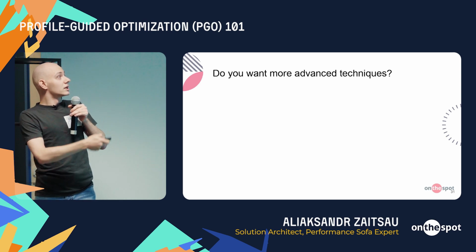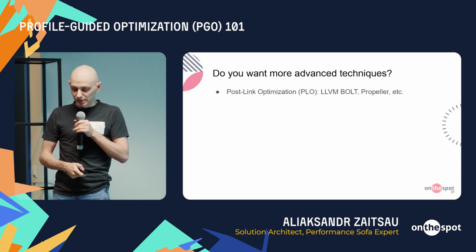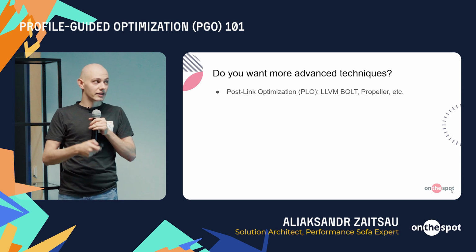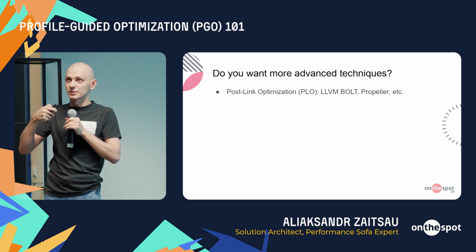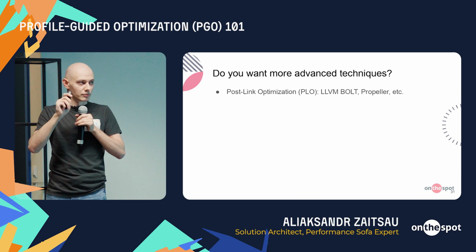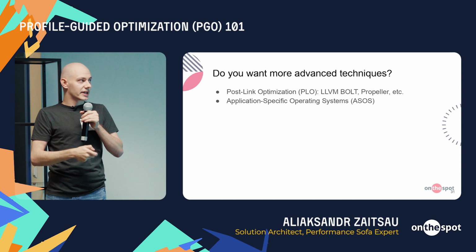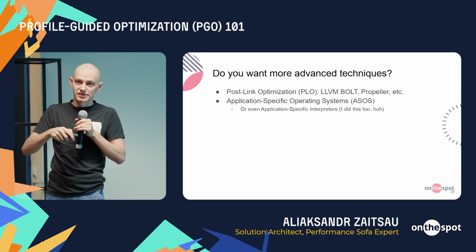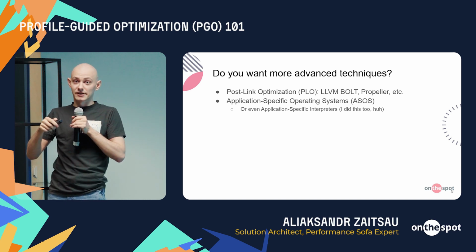Maybe rainy, maybe snow. There are actually more advanced techniques which can be applied even after PGO, like post-link optimization, LLVM BOLT, to improve code locality with the idea of making your CPU instruction cache happier, and similar stuff like Google Propeller. Then there are application-specific operating systems, when you try to PGO-optimize your operating system itself or the interpreter specifically for your application.